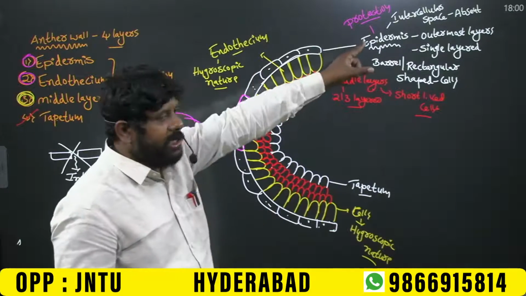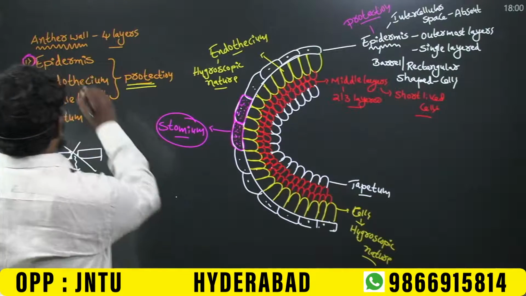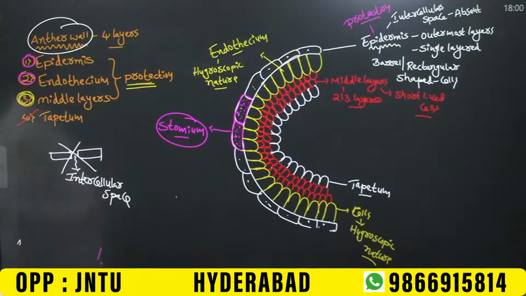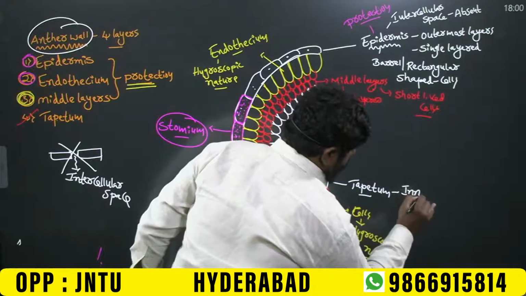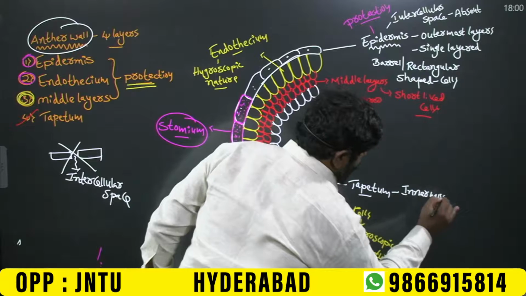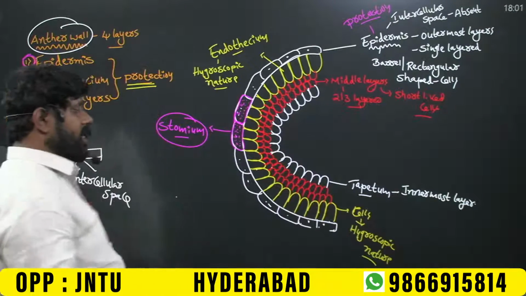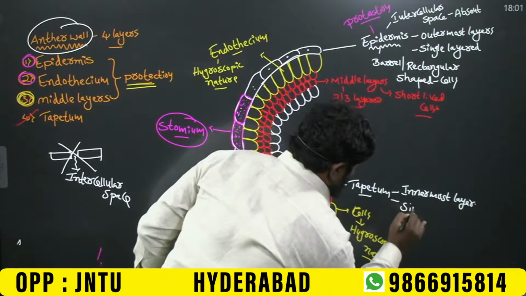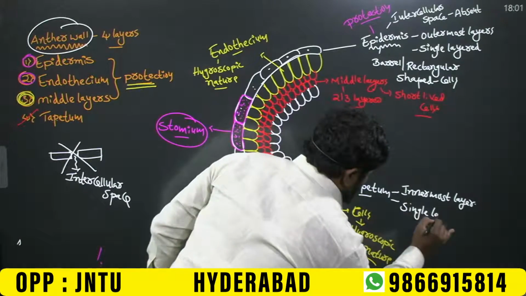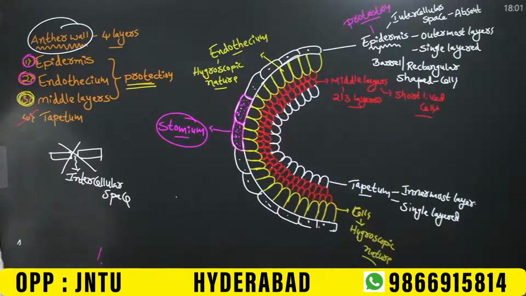The outermost layer is the epidermis. The innermost layer of the anther wall is called tapetum. And this tapetum is only one layer, that's why it is single layered.